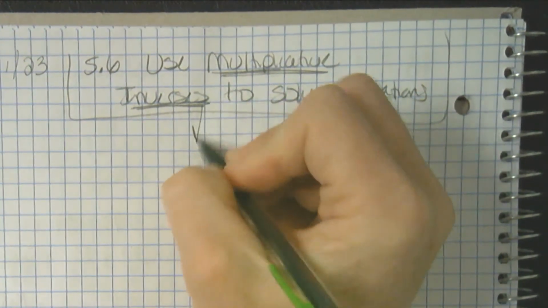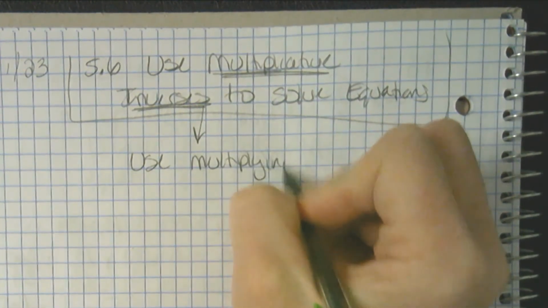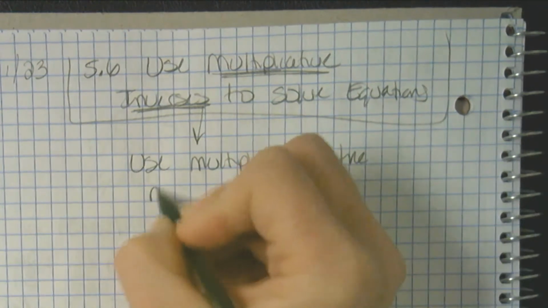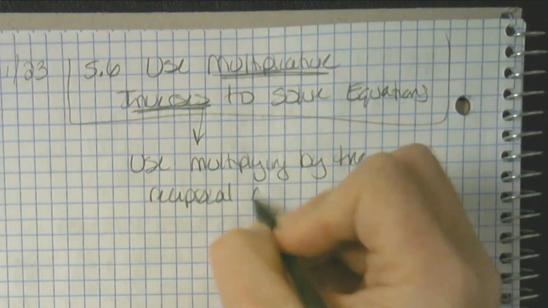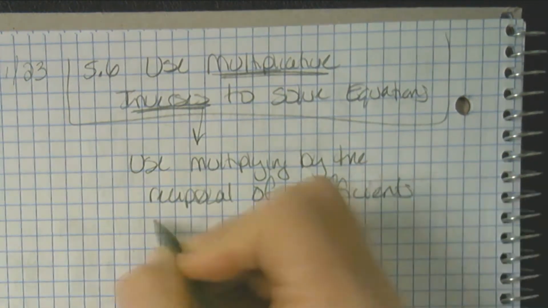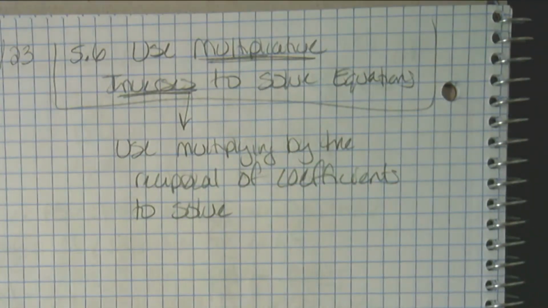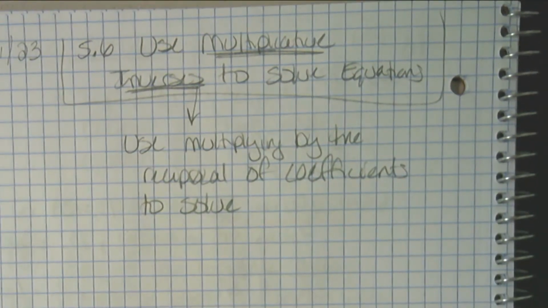All this means is we're going to use multiplying by the reciprocal of coefficients to solve, which is what we were doing yesterday. So this is not new stuff for you. We're just going to practice more of it. Reciprocal and inverse are the same.